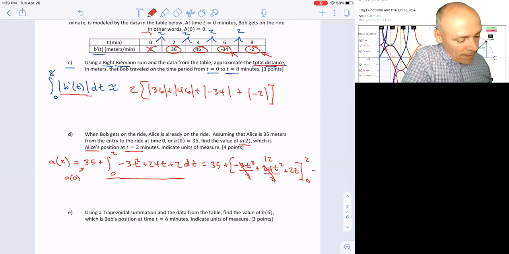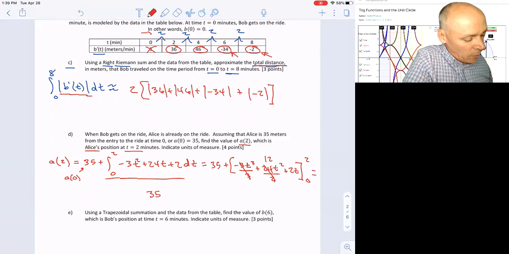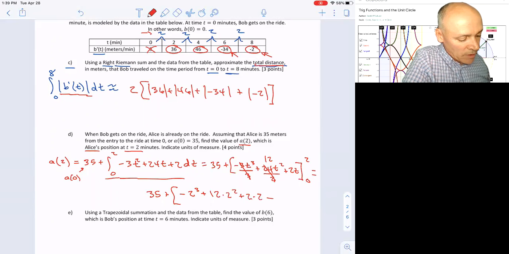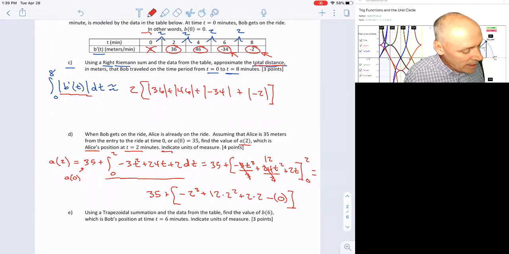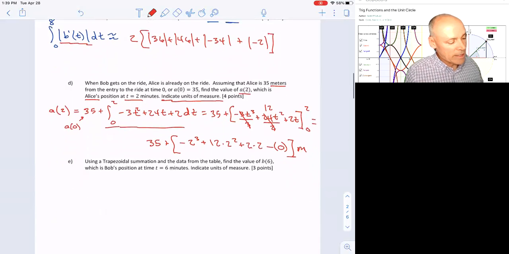That's going to be equal to, got to keep going one more step, 35 plus, and I'm just substituting in my upper bound, negative 2 cubed plus 12 times 2 squared plus 2 times 2 minus the lower bound, which would be 0 for everything. That's a numeric answer. Indicate units of measure. That's going to be in meters. That would make sense, that her position is in meters.